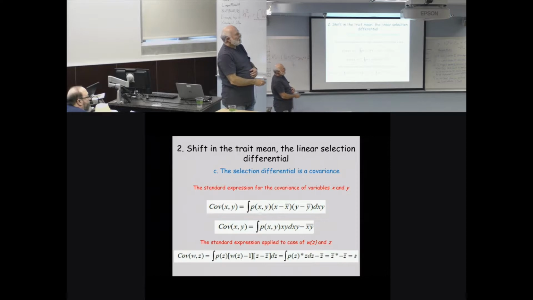True fact. That turns out to be why S is so useful to us, because S is a covariance, and covariances can be estimated, and they have known roles in multivariate statistics. S for us is a vector of covariances.